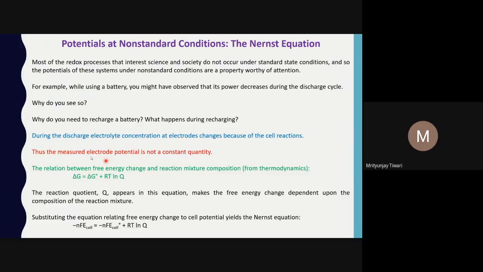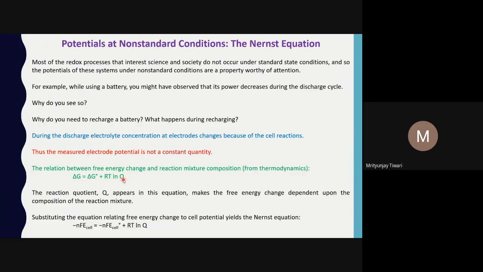The relation between energy change and reaction mixture composition is known from thermodynamics. I explained this equation just a few minutes ago. At non-standard conditions, delta G is equal to delta G naught plus RT ln Q. Q is the reaction quotient, which represents the concentration of products and reactants at any time.